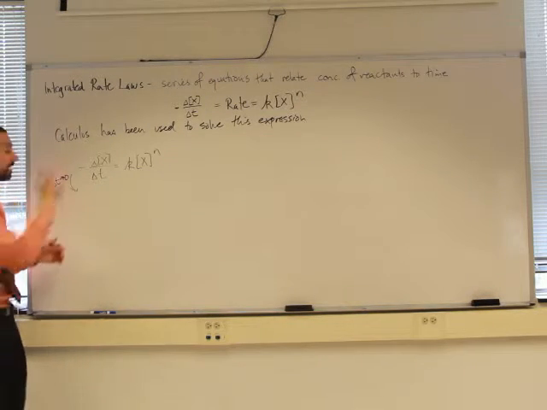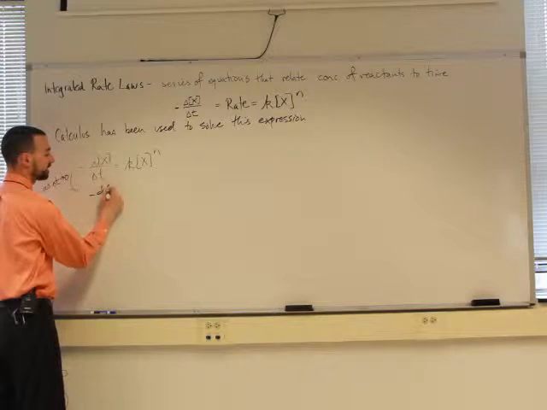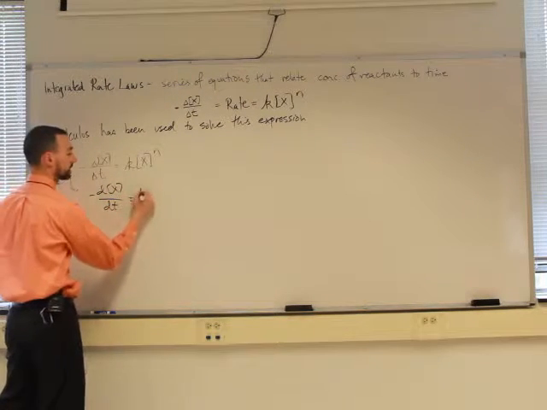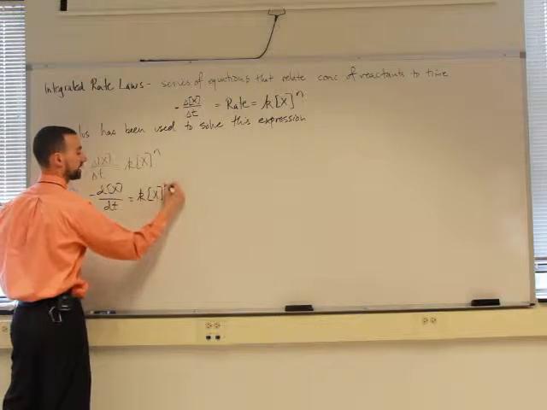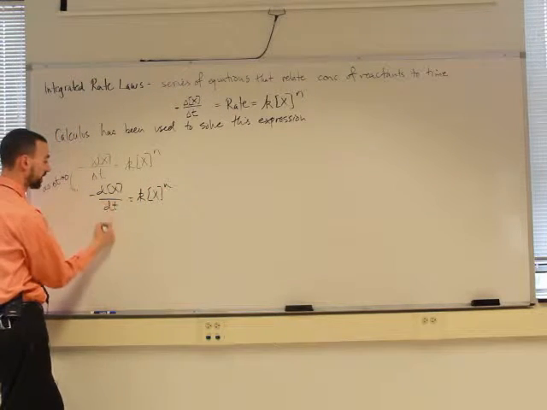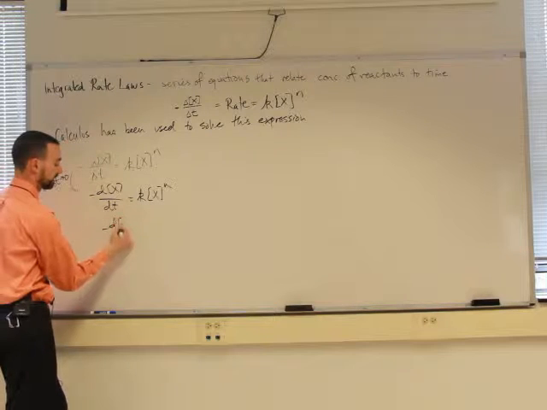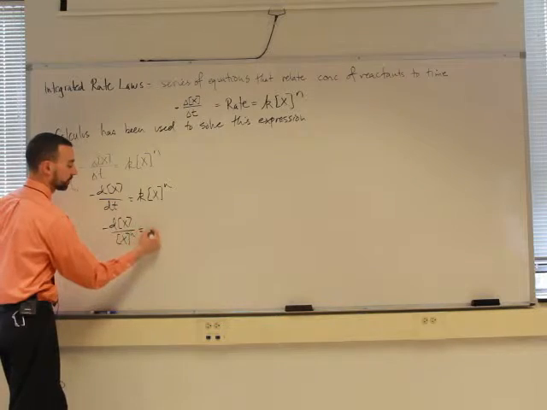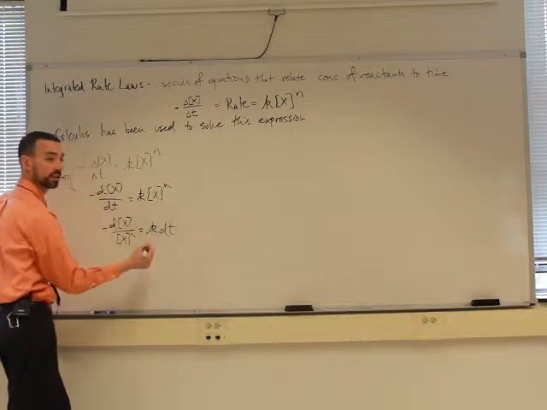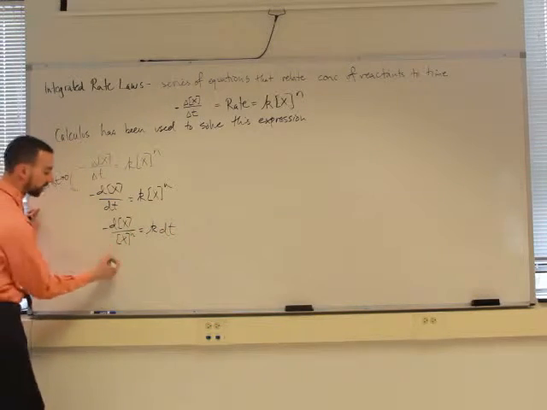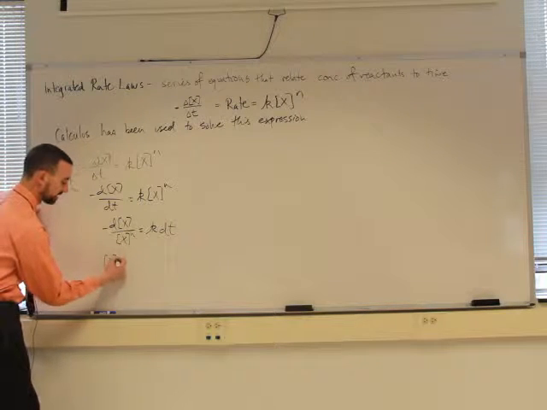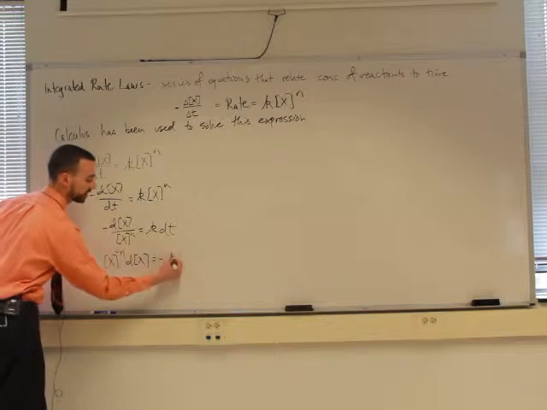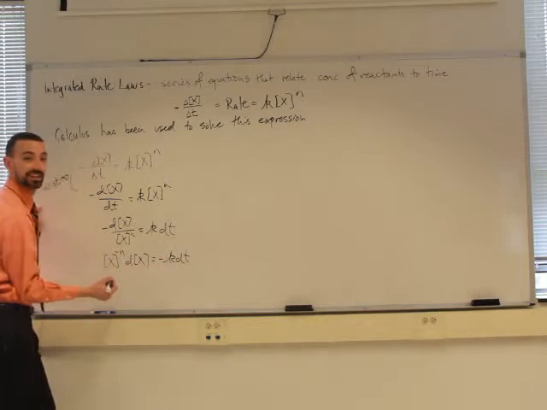This expression becomes negative dx/dt equals k x to the n. So you would want to solve this for negative dx over x to the n equals k dt. In other words, this is x to the negative n dx equals negative k dt.